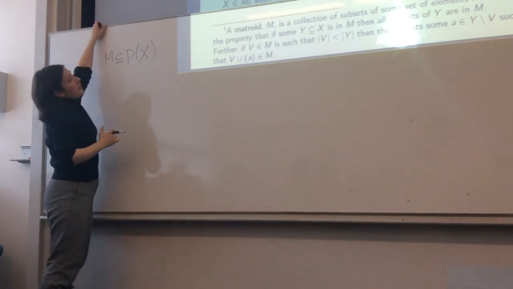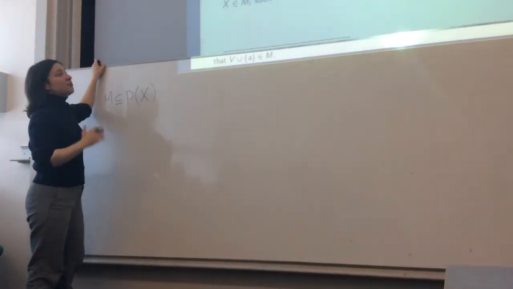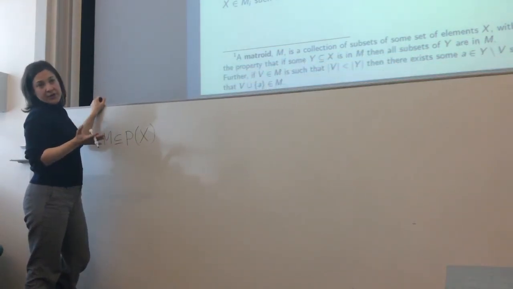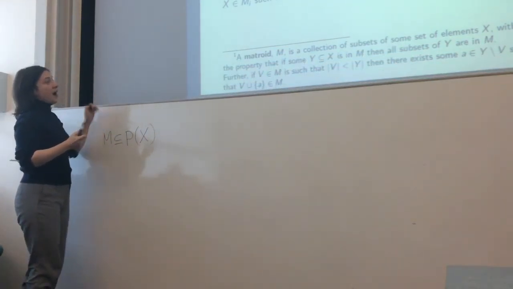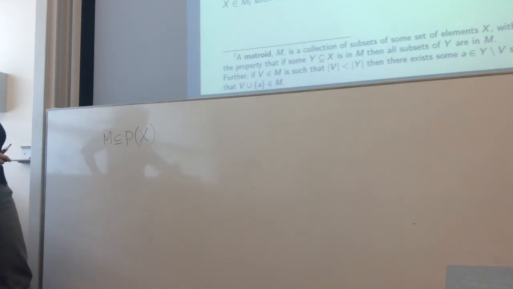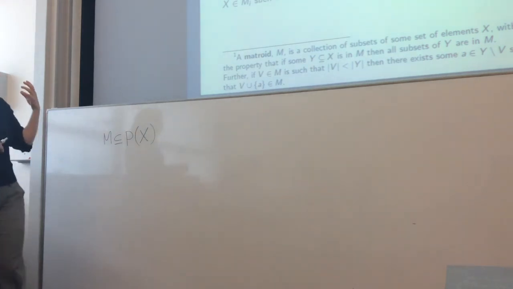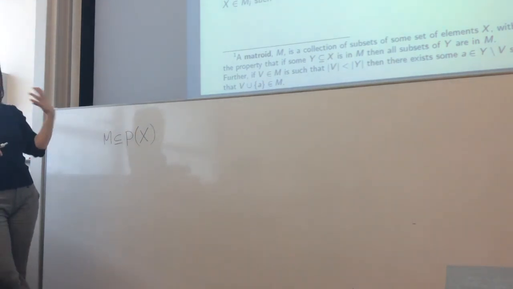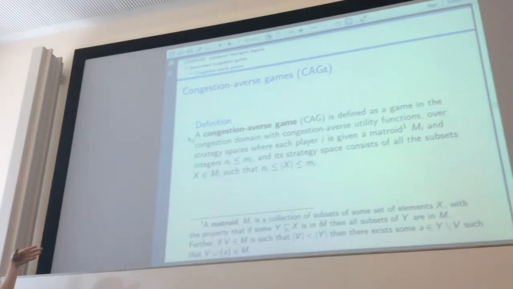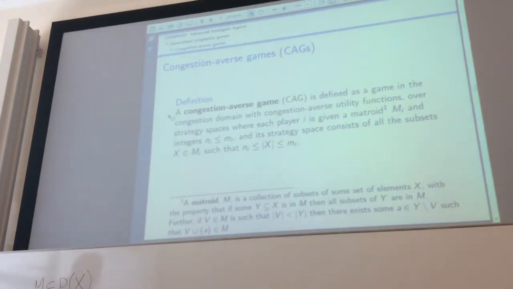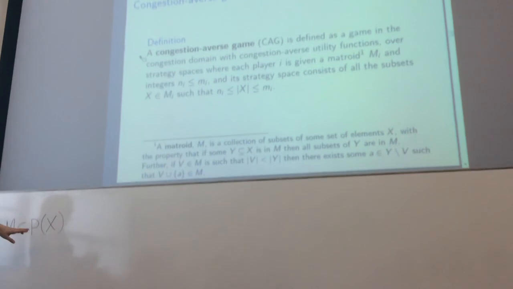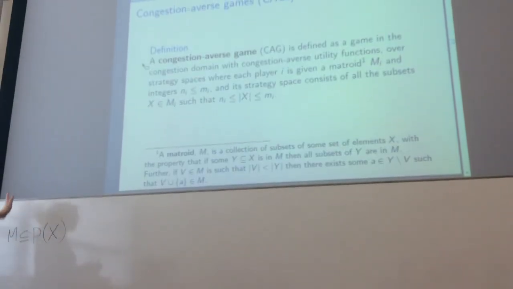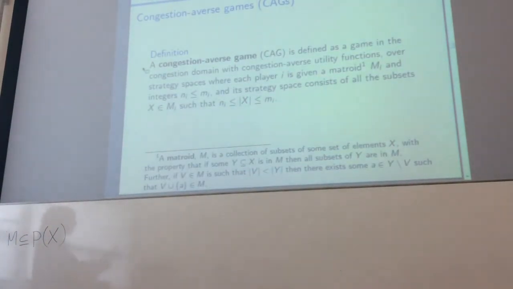But it is a subcollection that has particular properties. If you have some subset of X in our matroid, then all its subsets also must be there, so it's closed. So a matroid is a closed collection.